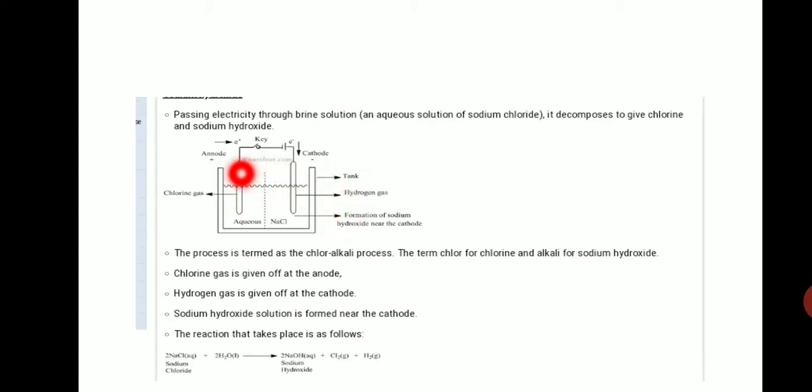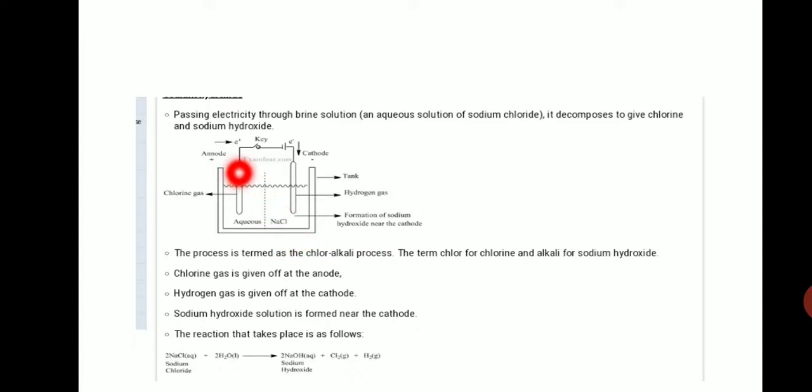So we need an anode and a cathode, and the sodium chloride aqueous solution is taken in this cell, and we pass the electricity. At the cathode we get hydrogen gas, and at the anode we get chlorine gas, and what is left is the formation of sodium hydroxide near the cathode. These are the important products we obtain here.